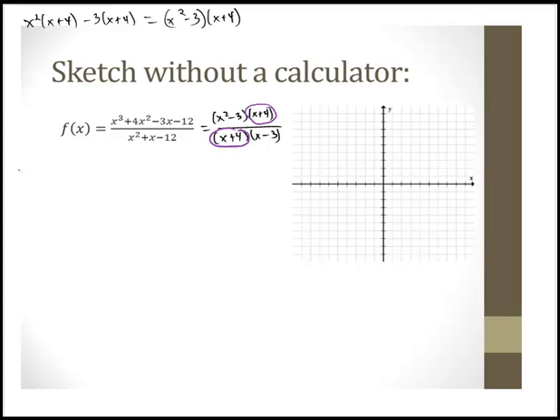Alright, so g of x is x squared minus 3 over x minus 3, where x is not equal to negative 4. I'm reducing that factor out, but I have to say x cannot equal negative 4.